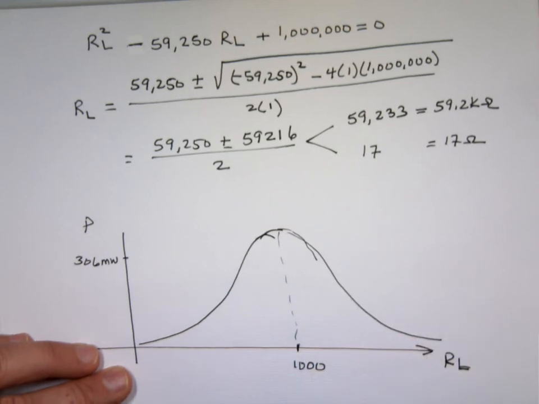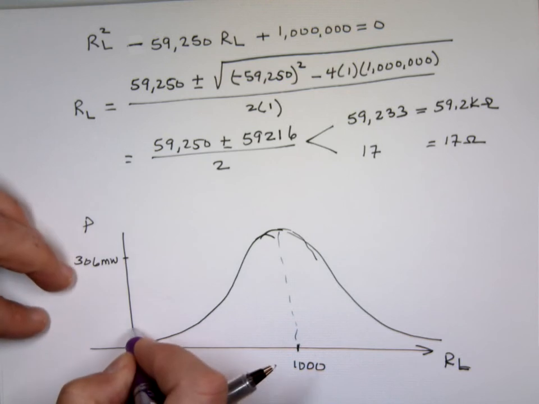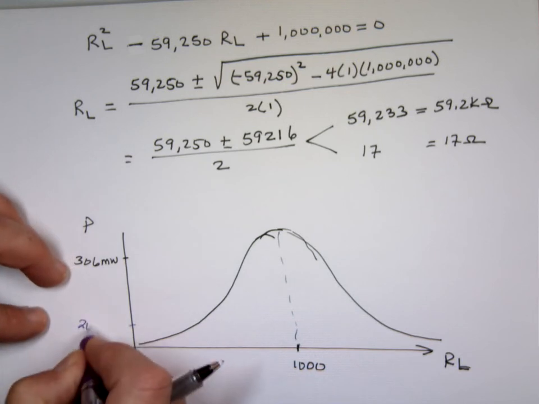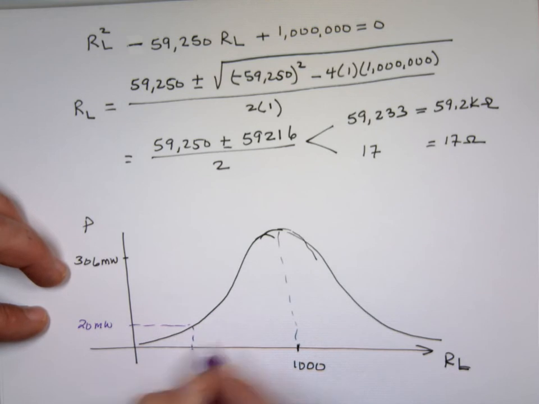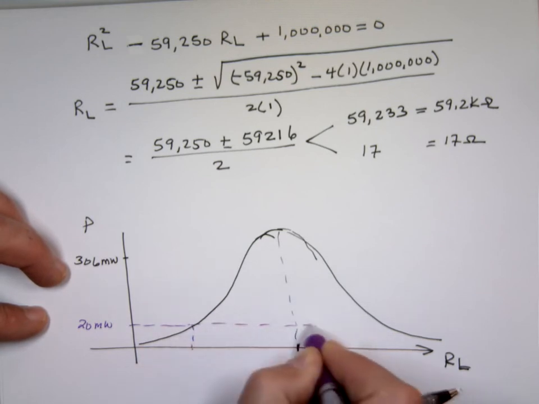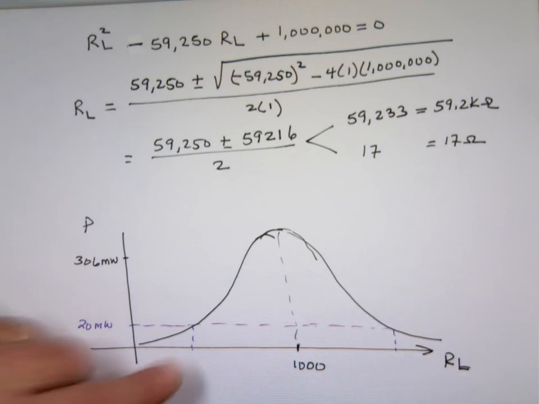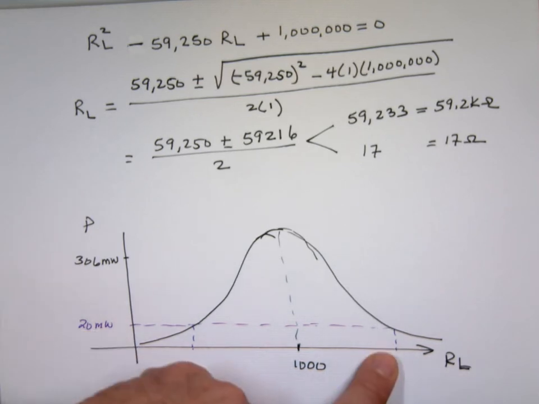That's why we're asking what value of R sub L will give you a power of 20 milliwatts. So we have two resistors. We have this value, we also have that value. That's why one of them is 17, the other one is 59,233.